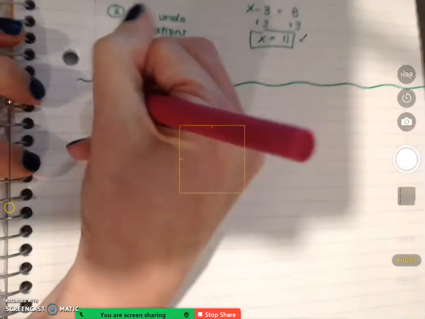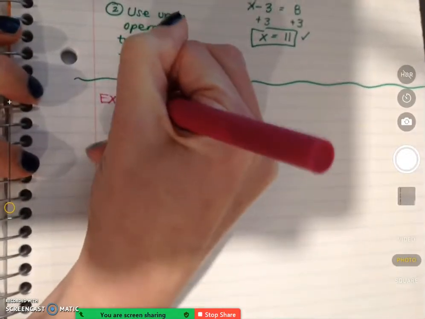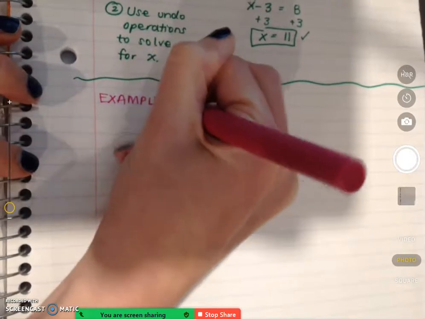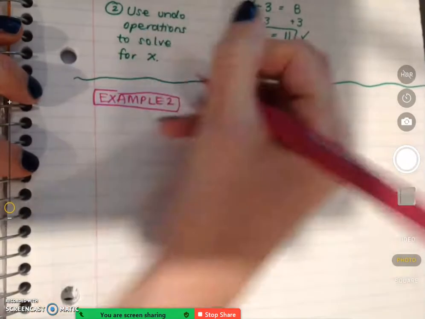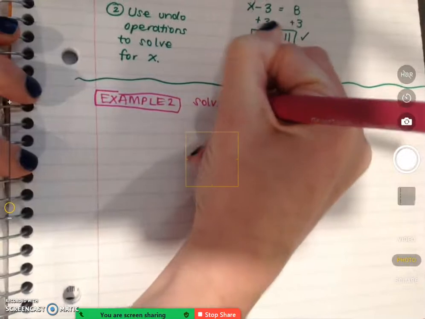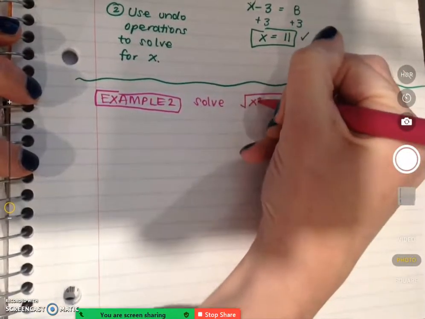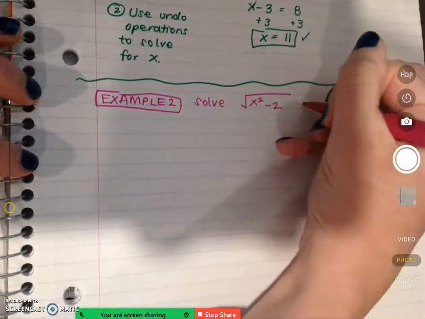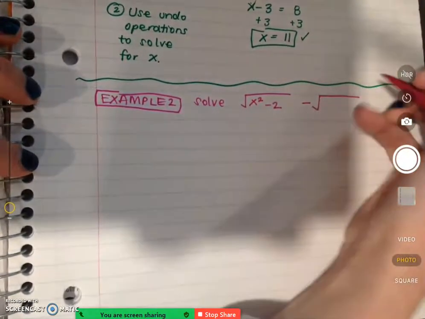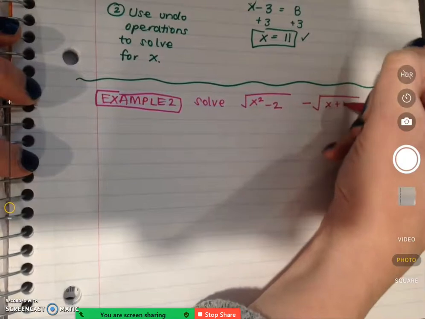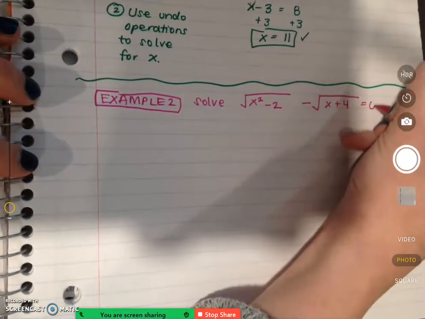Example 2 is a square root equation. Solve the square root of x squared minus 2 minus the square root of x plus 4 equals 0.